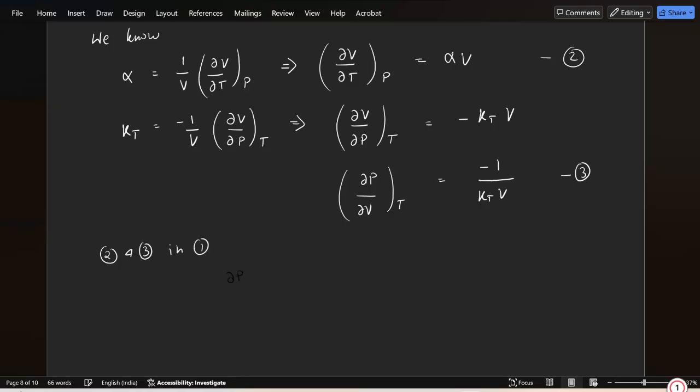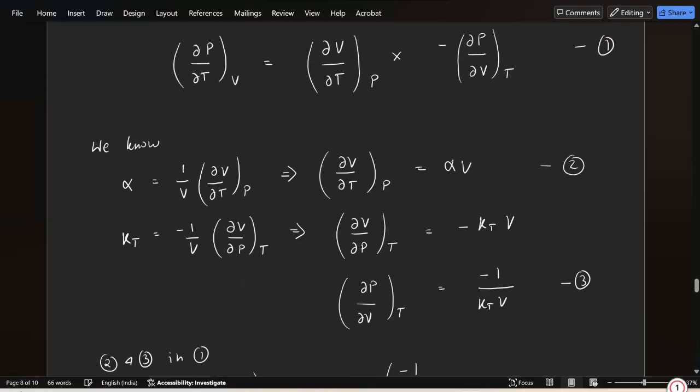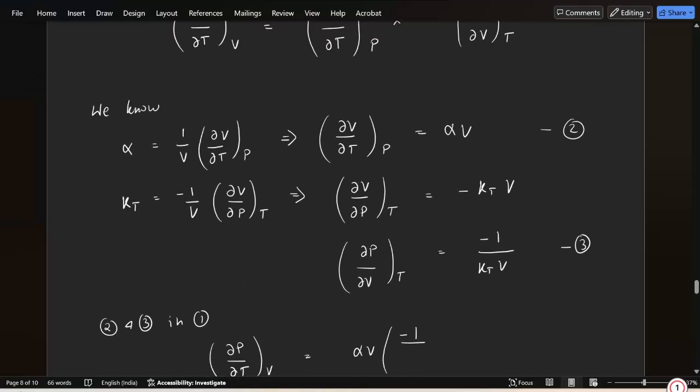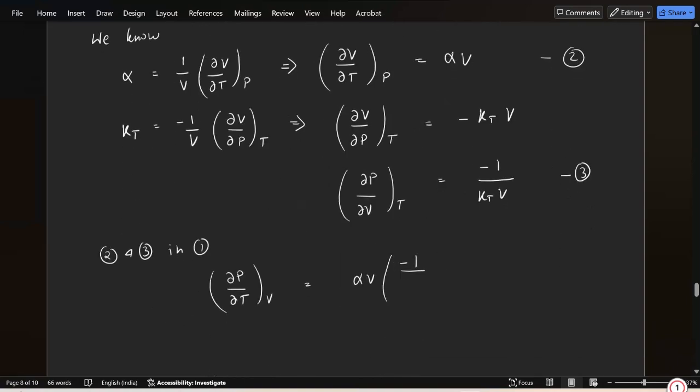So del P by del T at constant volume is equal to alpha V into minus 1 by KT V, and there are two minuses, so the minus already there stays minus KT V. V and V will get cancelled. So it's equal to alpha by KT.